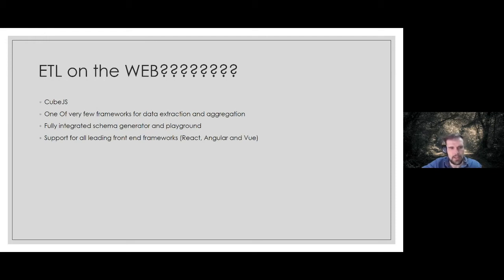It has a fully integrated schema generator. So for those that do not like running SQL or creating schemas within JS, you can create it on the playground, and it has support and plugins for all the leading front-end libraries and front-end chart libraries, which I will show you guys now.